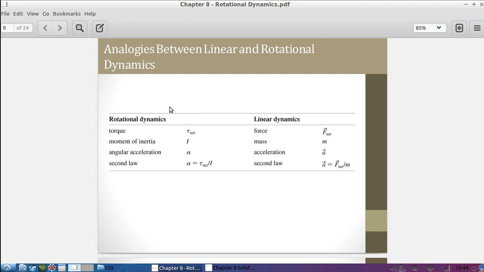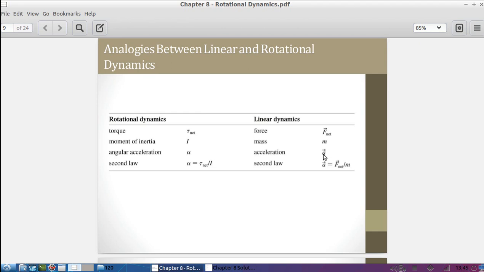So we have, for translational dynamics, Newton's second law originally: we had a force, we had a mass, we had an acceleration. And Newton's second law gave us the relationship between those three properties. Now that we're rotating something, our force is now a torque.